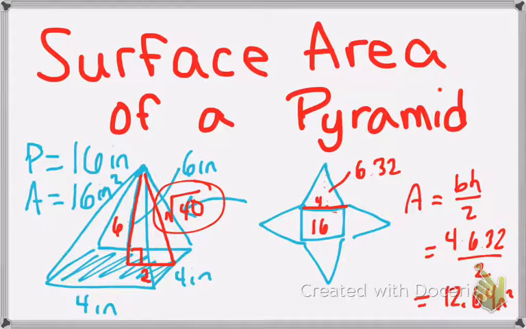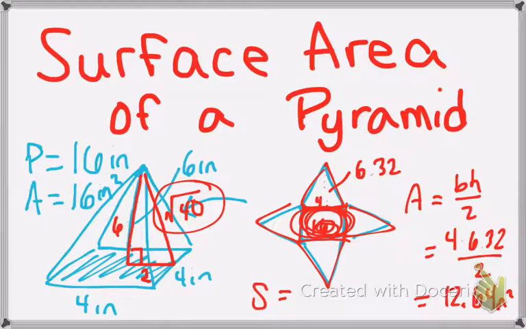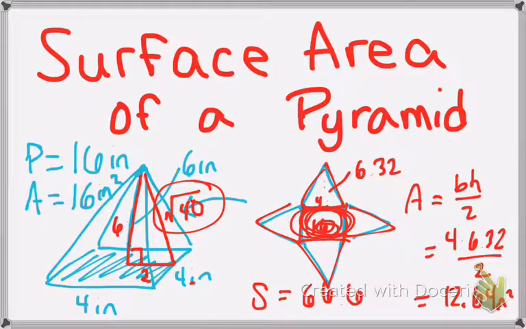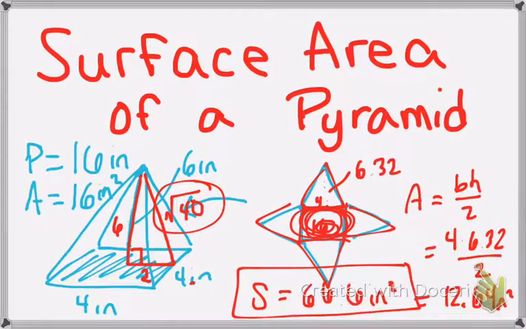We have 4 of them, so I'm just going to multiply by 1, 2, 3, 4. And then I'm going to add my base, and my total surface area is 66.6 inches squared. Coincidence.